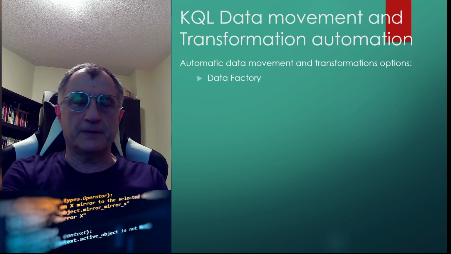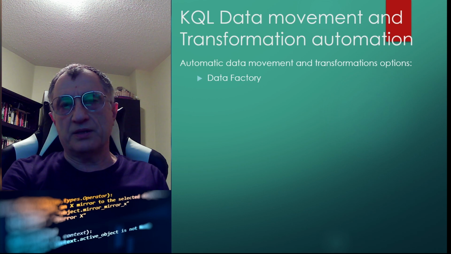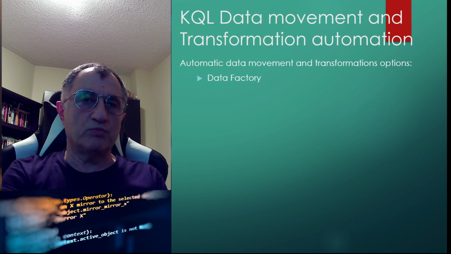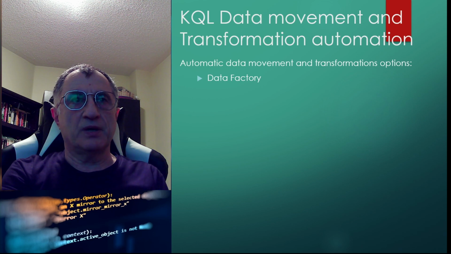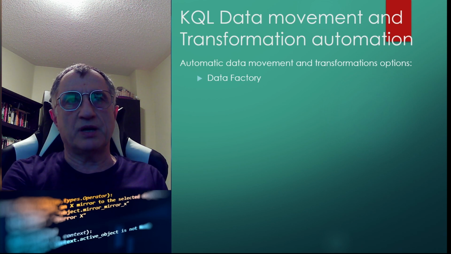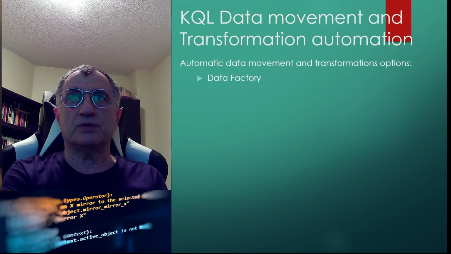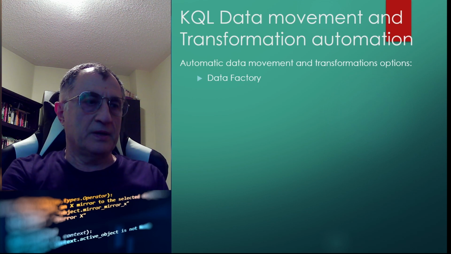You can build integration pipelines that would include data movement from different sources as well as transformations. So for folks who have had a chance to watch my previous videos on Data Factory, they know that you can do pretty much everything.